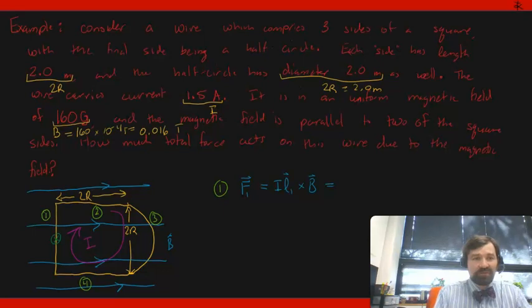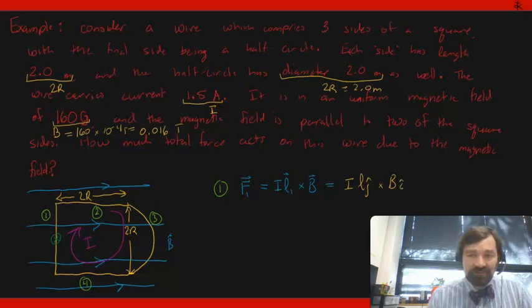And so in terms of this cross product, what I basically would have is I times L, and then upward, maybe we'll call that the y hat direction or the j hat direction, cross with the magnetic field, which is B times i hat. So j hat cross i hat should give me negative k hat.